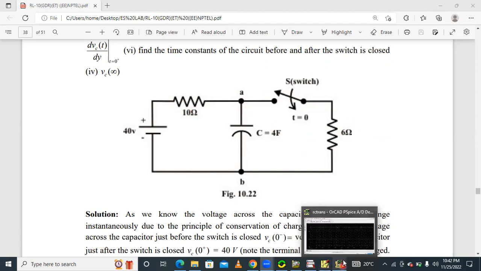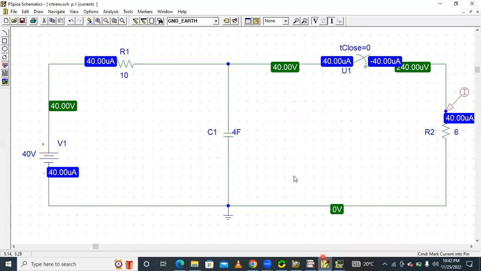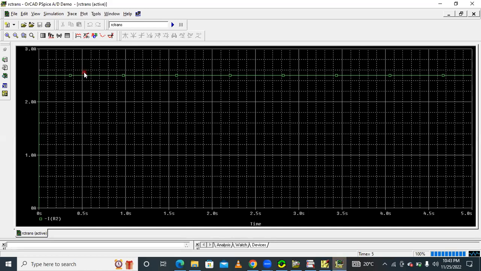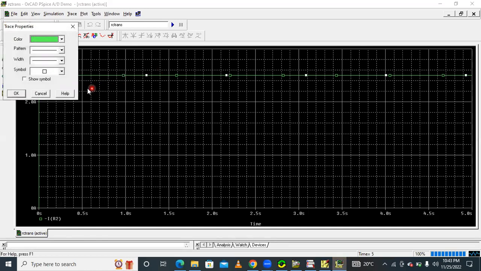So in this circuit, connect one current marker across the 6 ohm resistor. Then the current is nothing but 40 divided by 10 plus 6, which is 2.5. Then simulate and open the window. This is our waveform.